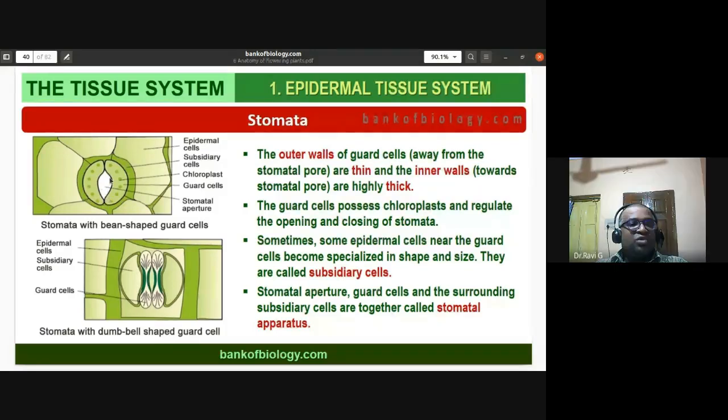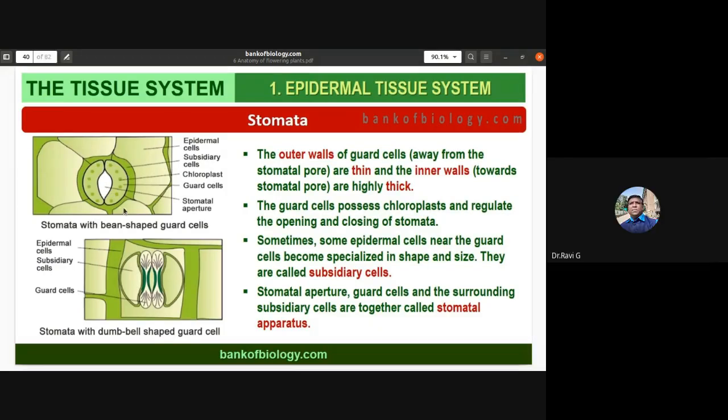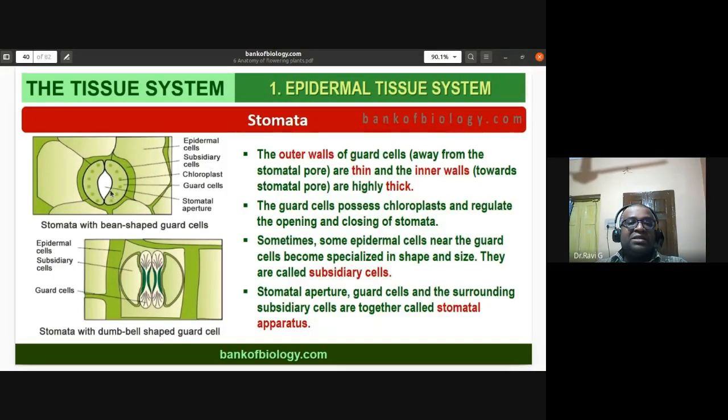And they have a large number of chloroplasts in the guard cells. So stoma is the opening guarded by these guard cells. In case of dicots, it is kidney shaped or bean shaped guard cells. In case of monocots, it is dumbbell shaped guard cells.